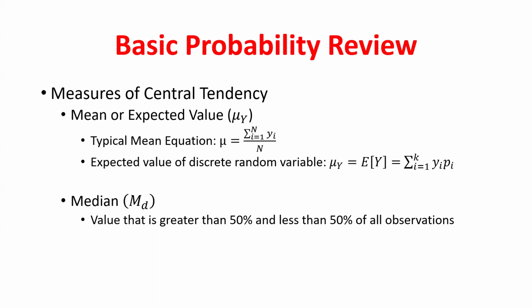If I instead had basically the same values in my data set, but then the higher values were really, really large, what's that going to do to my mean and my median? The mean is going to go this way.